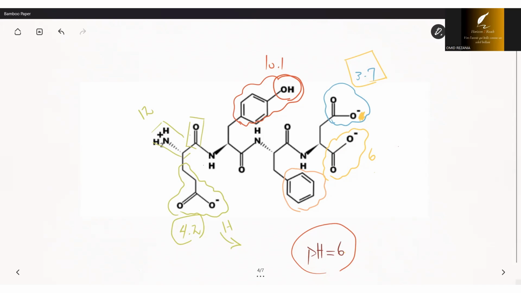Now you see what we did so far. We are going to do more practice on that. But the only takeaway which I expect you to take from this exercise is to understand the significance of the pH of the solution and the pKa value of the functional group in a compound.